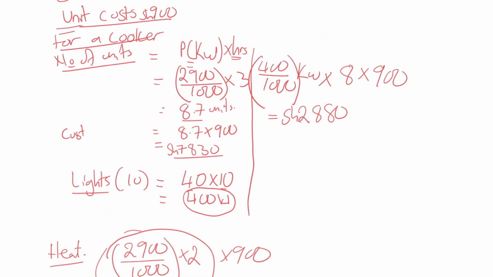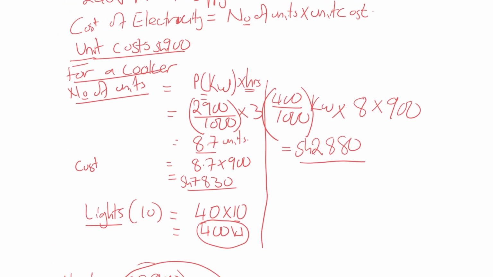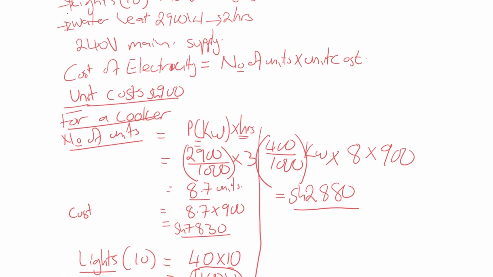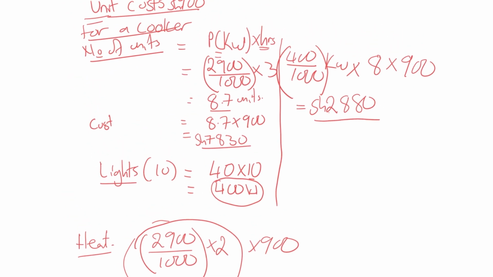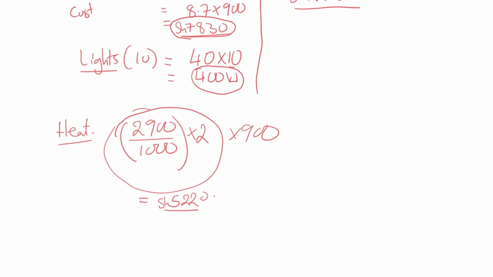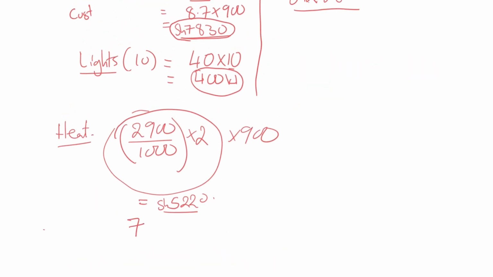So now we are going to add up this value for the heater, the value for the lights, and the other value that we had for the cooker. So let us sum up to get the total amount in a day.